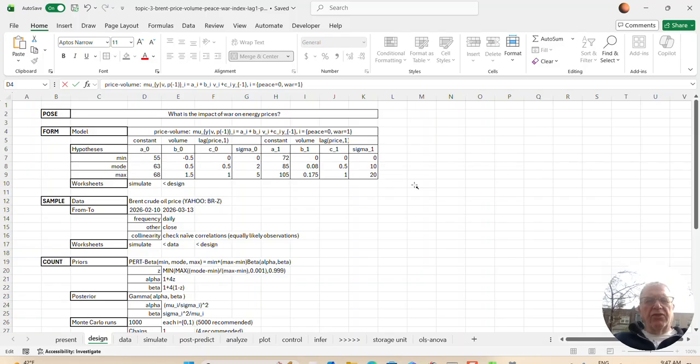And the volume produces a relationship. It's also possible that the current level of volume depends on the previous level as well. And we could feed that into this. That's called a mediation.